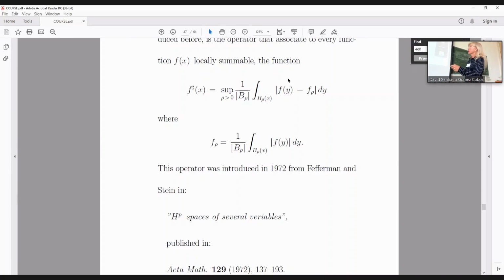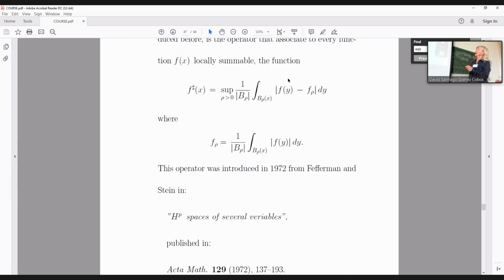This is the supremum for rho more than 0 of 1 over the measure of B rho, the integral in B rho of the absolute value of f(y) minus f rho, where f rho is the mean integral of f in the ball centered in x with radius rho.